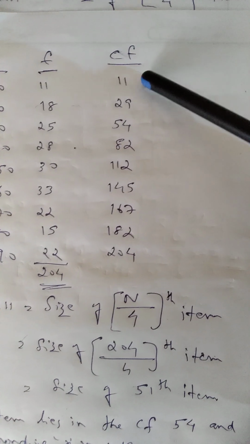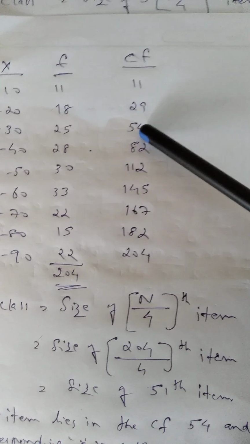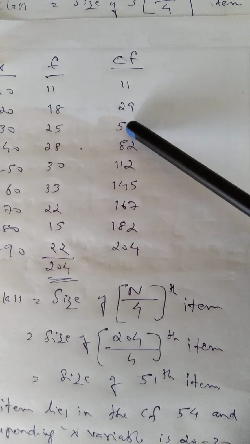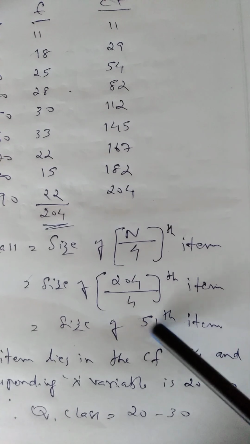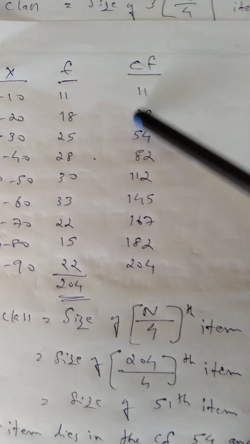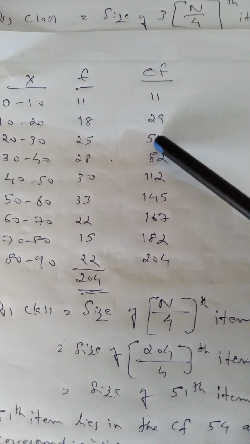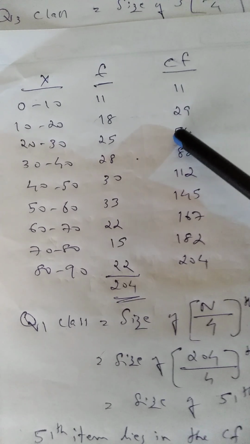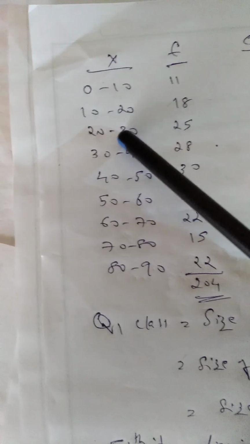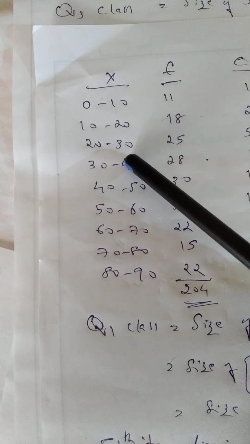We see that 54 is the cumulative frequency which can cover this 51st item, and its corresponding x variable is 20-30.